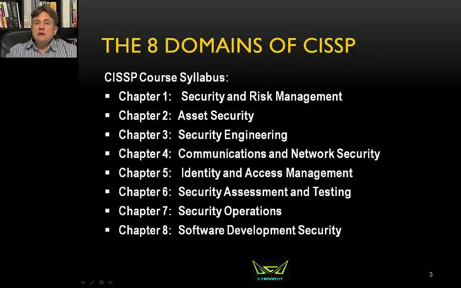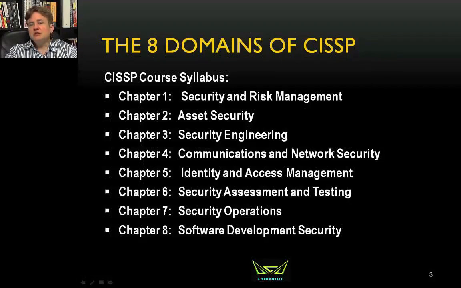So this is going to be the order in which we're going to cover these modules. If I were to really focus on topics here off the syllabus or just in general for the exam, by far Chapter 1, security and risk management. Just getting some of these ideas that we'll talk about over and over again. Cryptography, even though it no longer has its own chapter, still very, very testable.